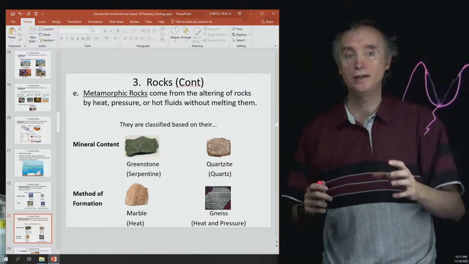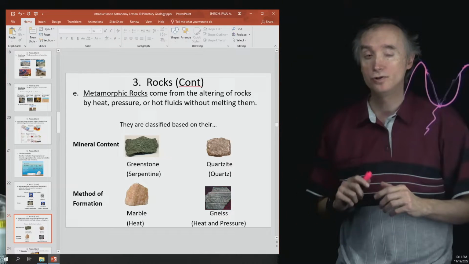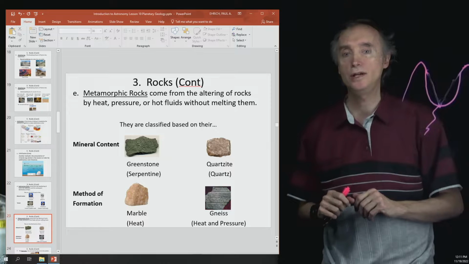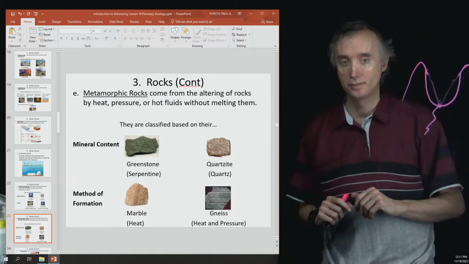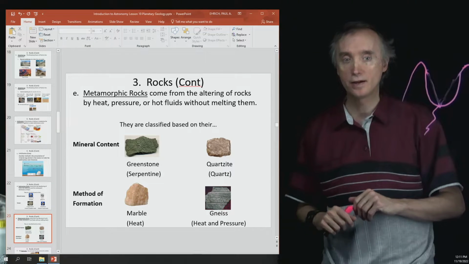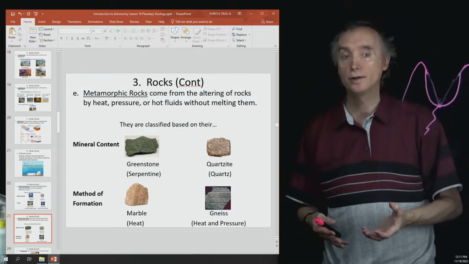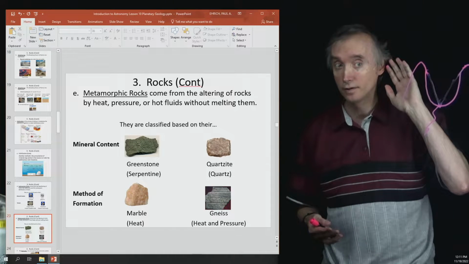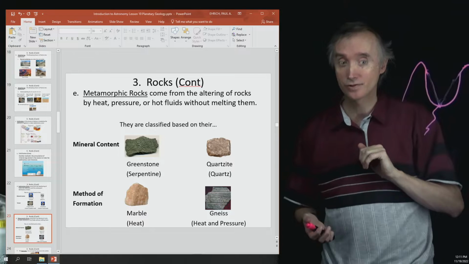You can change it. But we do not want to apply so much heat that it melts, because if it melted and then re-solidified, it would be what kind of rock? Okay, it would be an igneous rock.